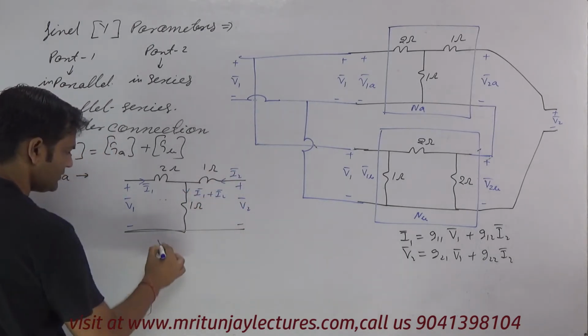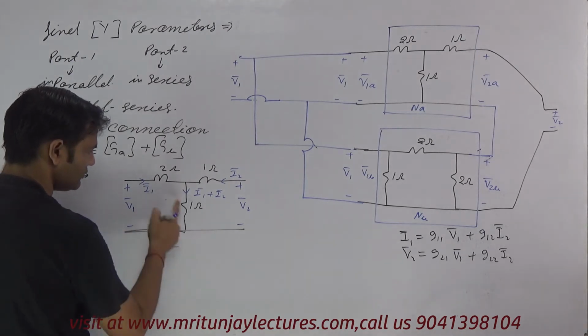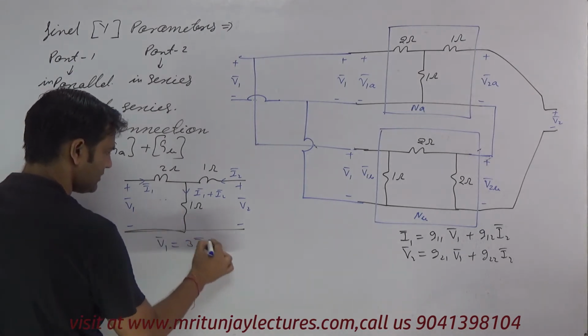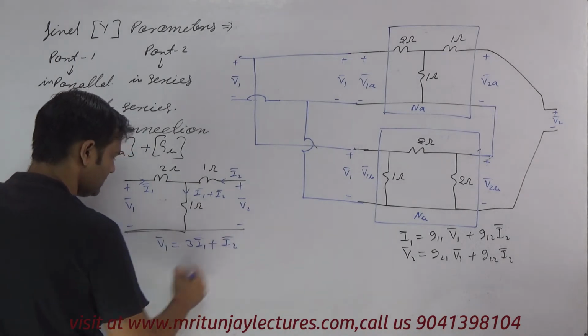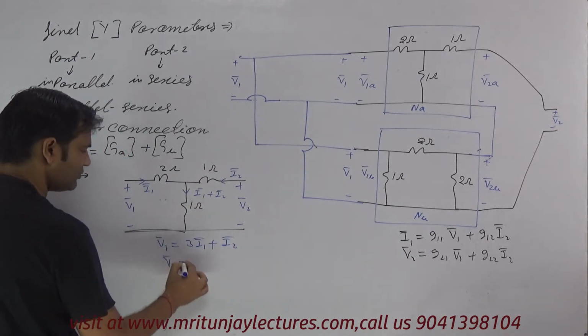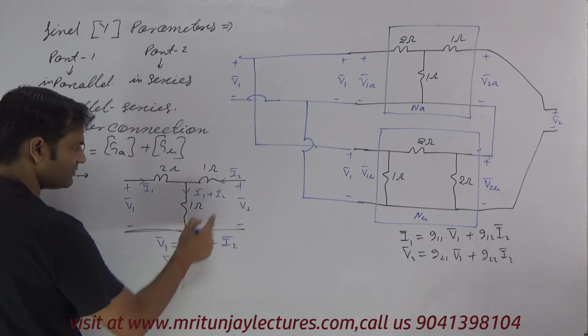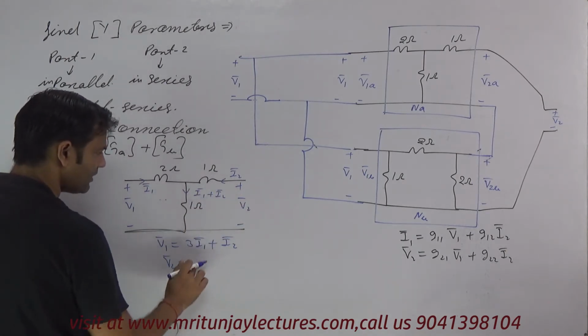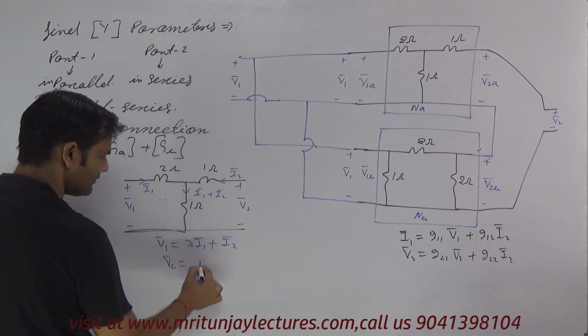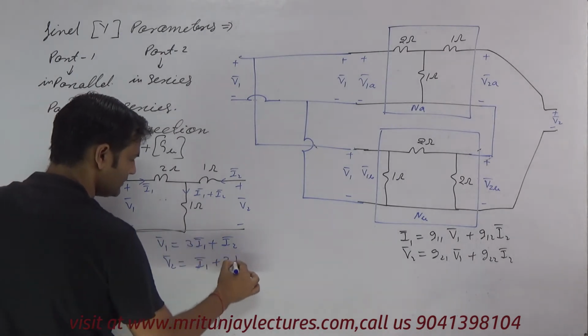So V1 is written as 2 plus 1, that is 3I1 plus I2. Second, what about V2? If we apply KVL in this loop, we get V2 equals 1 I1 plus 2 I2.